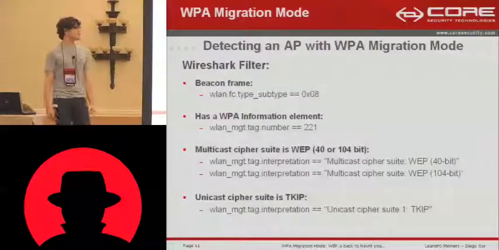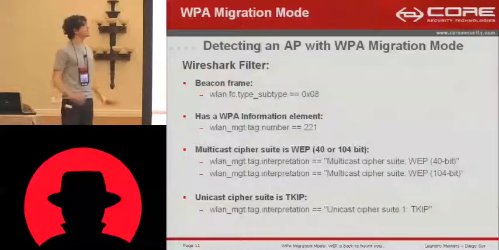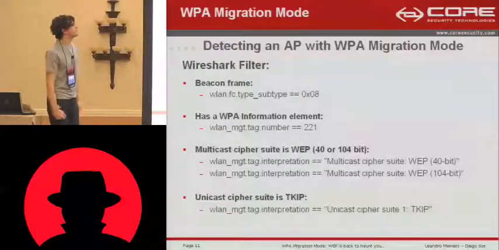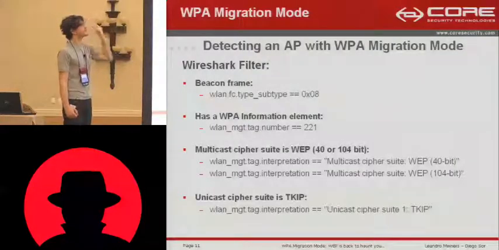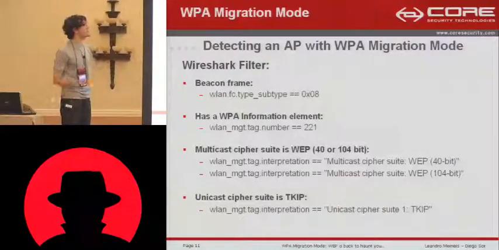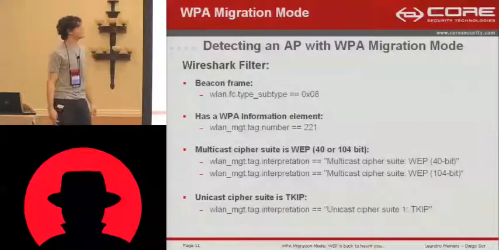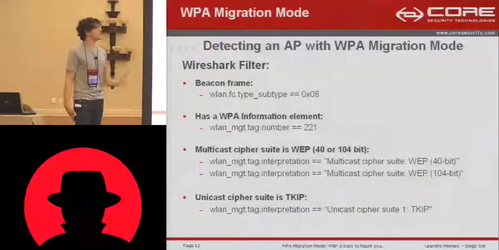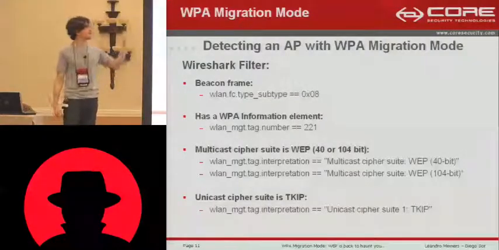So how to detect this AP working in WPA migration mode? Basically, we are going to look for the beacon frames. First of all, try to filter the beacon frames using the frame control type subtype field. Then the WPA element must be present within the beacon.